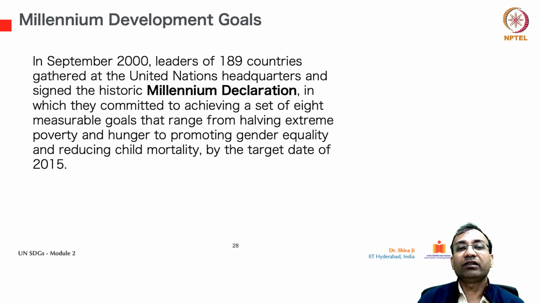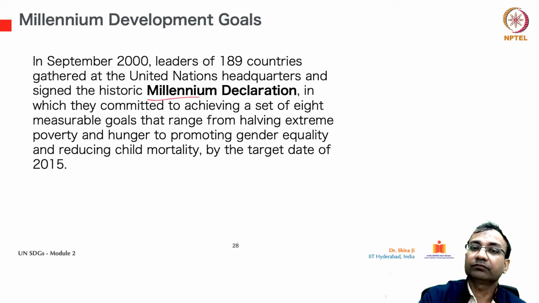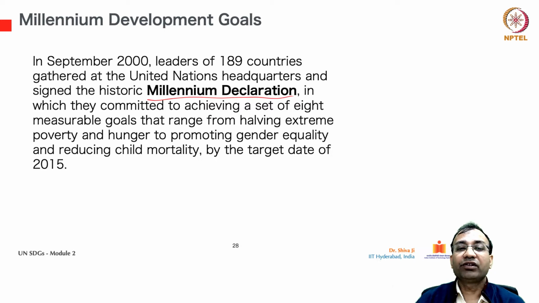In September 2000, leaders of 189 countries gathered at United Nations headquarters and signed the historic Millennium Declaration, in which they committed to achieving a set of 8 measurable goals that range from halving extreme poverty and hunger to promoting gender equality and reducing child mortality by the target date of 2050.